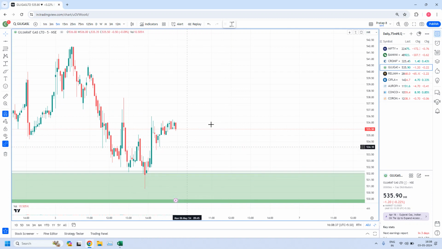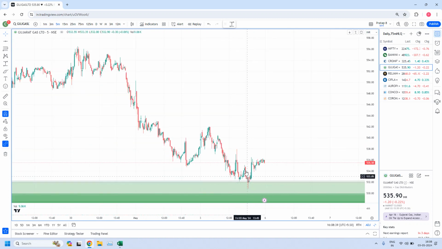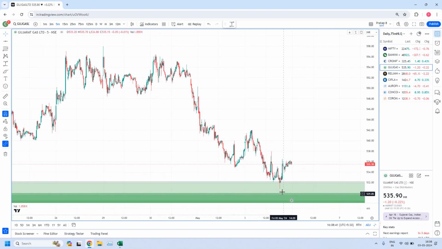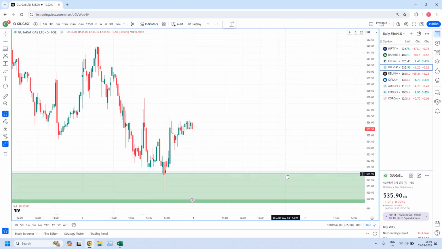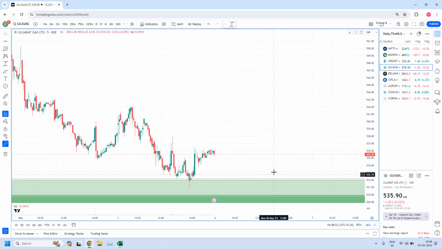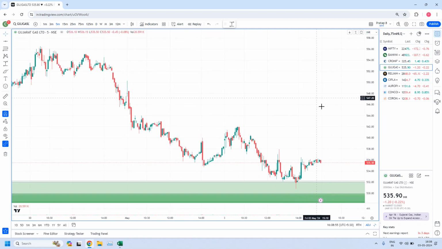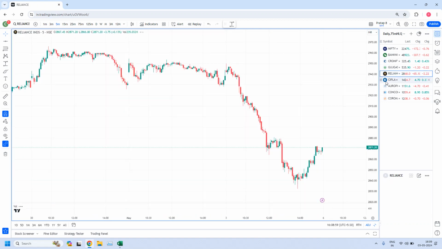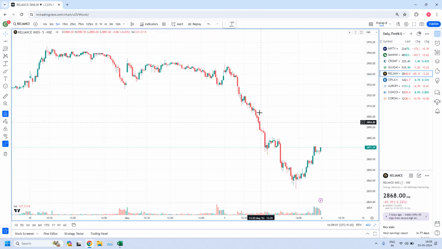But this is not a trade as per our plan. It is not an executed trade. It is a missing trade, because the price is short of our entry buffer. So in Gujarat Gas also we didn't get a trade. And Reliance, the zone is violated. This is a daily demand zone.